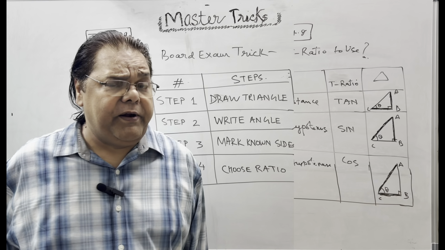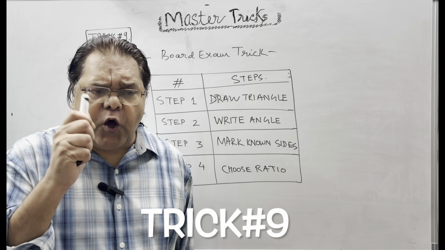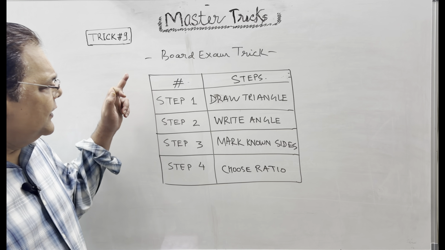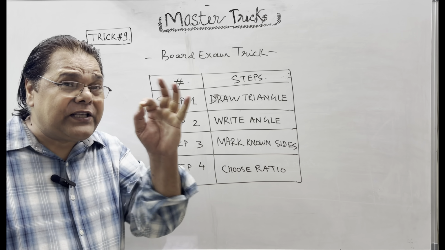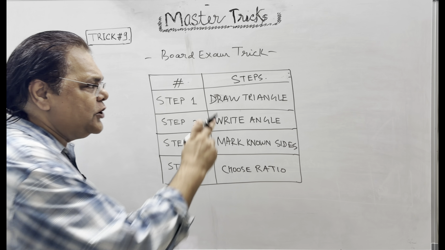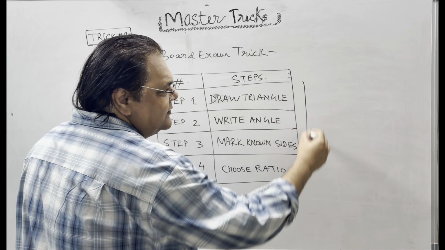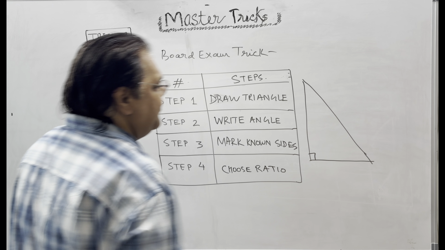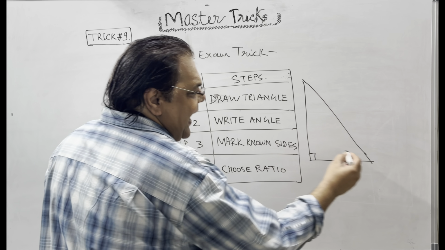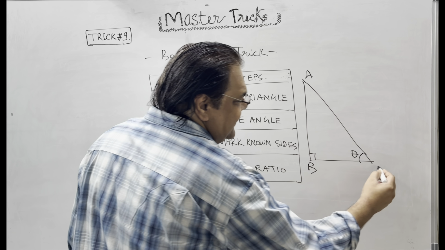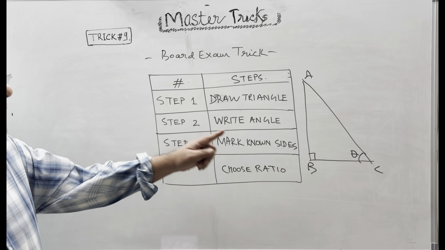Very important trick. Number 9. Whenever you are solving problem in applications of trigonometry, remember this. This is a board exam trick. These are the 4 steps you should remember. First, you have to draw the triangle as per the given question. Then write the angle, whichever is given. Suppose angle C is given. Mark known sides.